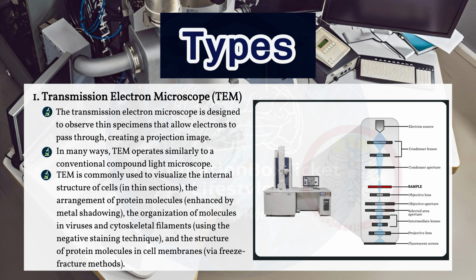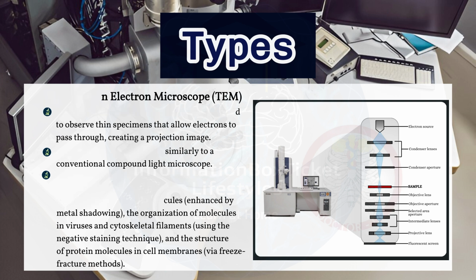Transmission electron microscope is commonly used to visualize the internal structure of cells in thin sections, the arrangement of protein molecules, enhanced by metal shadowing, the organization of molecules in viruses and cytoskeletal filaments, using the negative staining technique, and the structure of protein molecules in cell membranes, via freeze fracture methods.